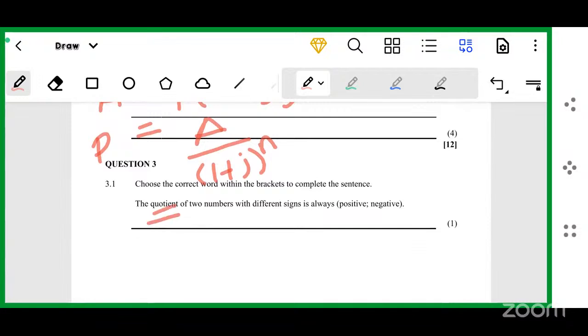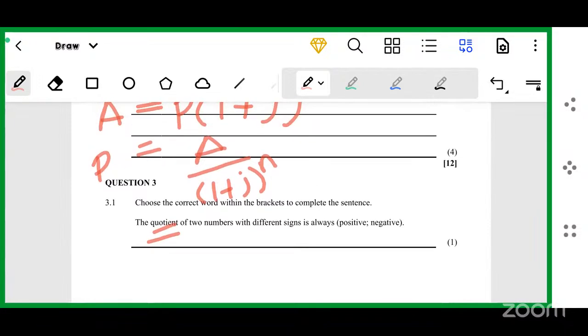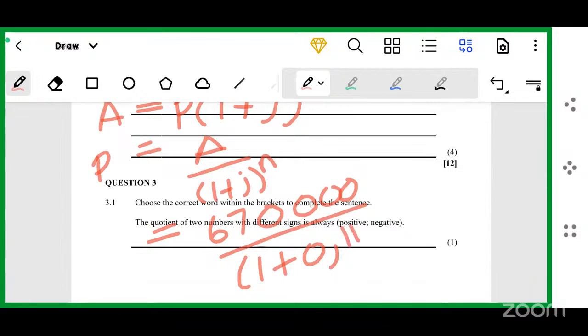I substituted and I said 670,000 over bracket 1 plus 0,115 close bracket to the power of 6.